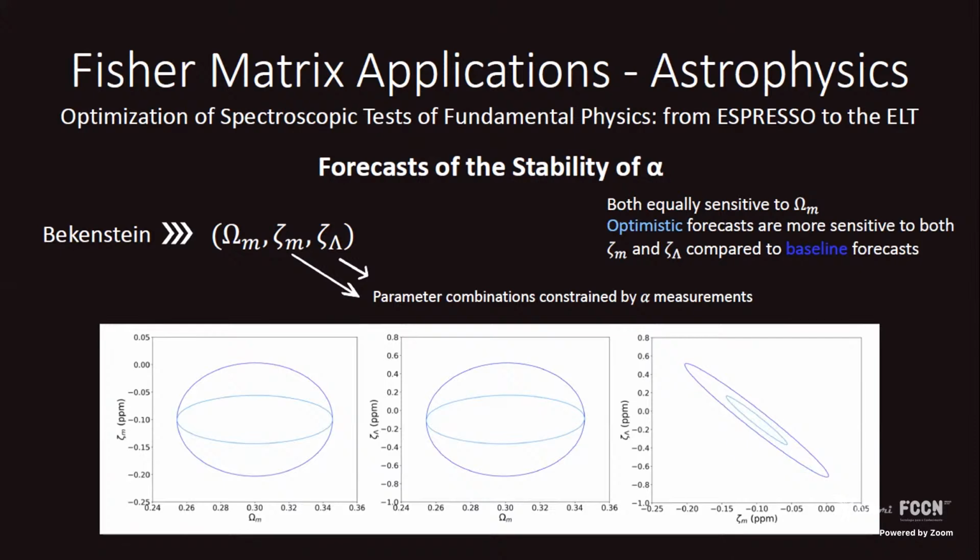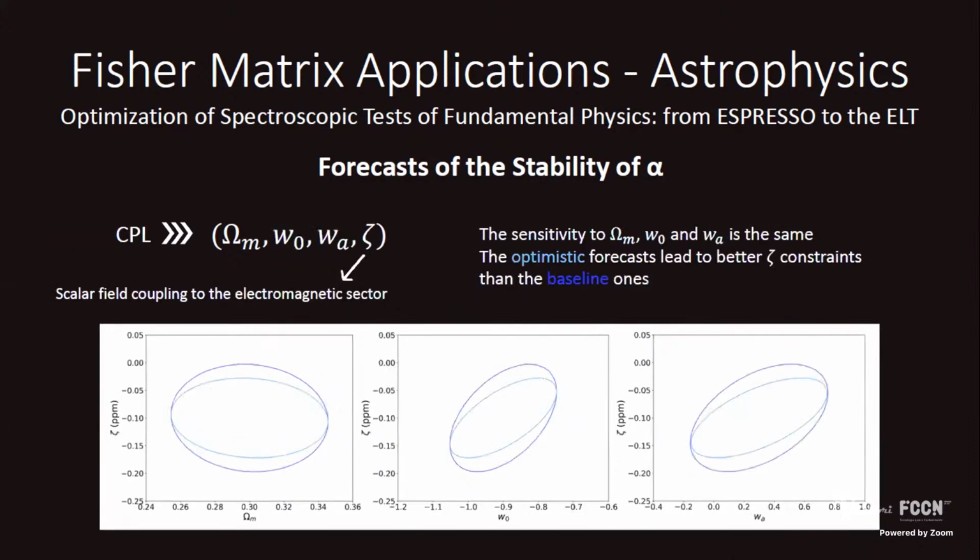And as you can see, both of them are equally sensitive to omega m parameter, but as you can see in the left panel, the optimistic forecasts are more sensitive to both zeta m and zeta lambda compared to the baseline ones. Oh, and you can see in here, we don't have anything to declare about the omega m parameter.